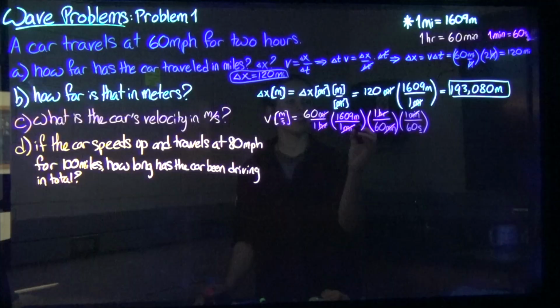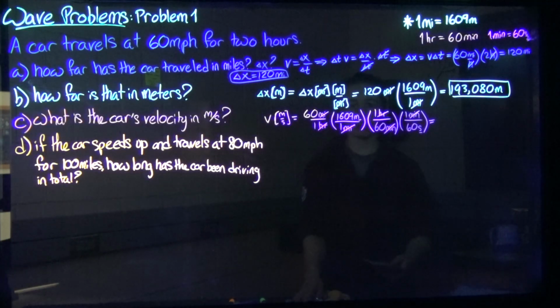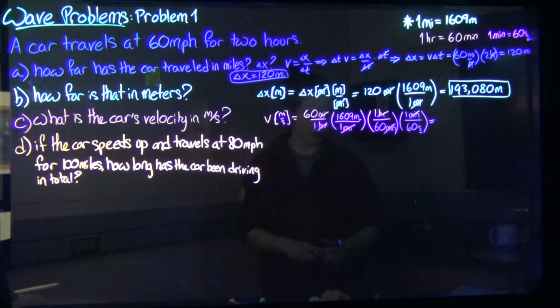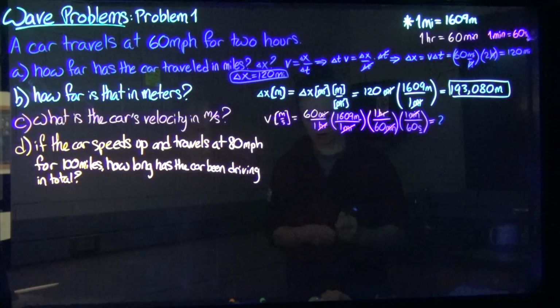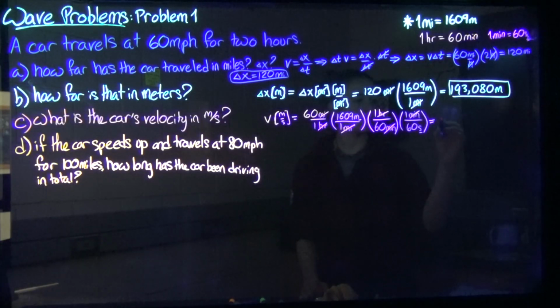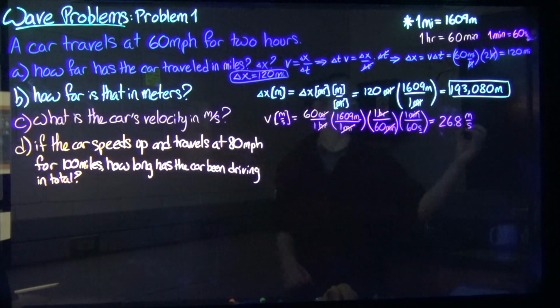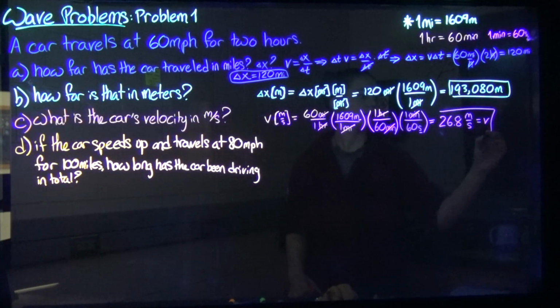We're left with meters and seconds. So we've got 60 multiplied by 1609. We're going to divide that by 60, and then we divide it by 60 again. And we've got 26.8 meters per second is our velocity.